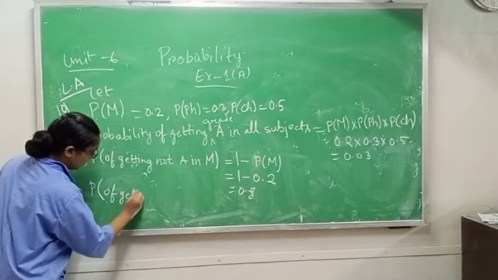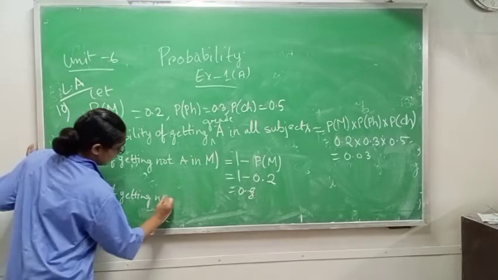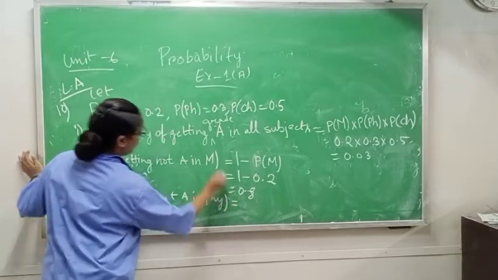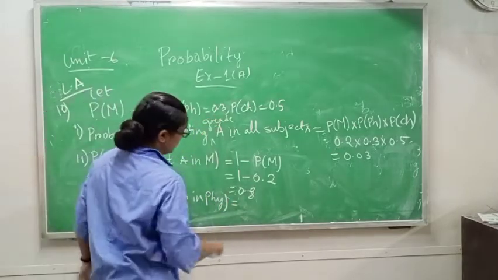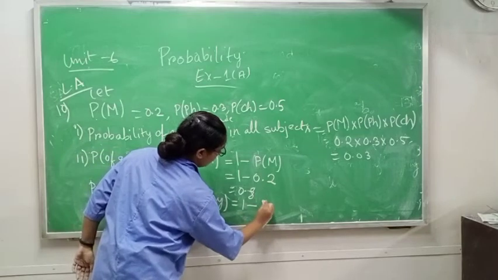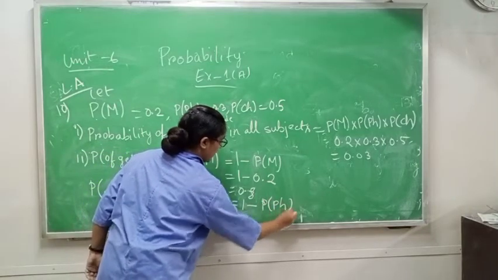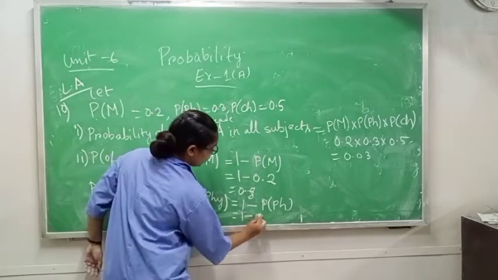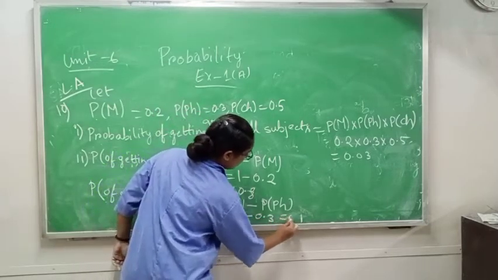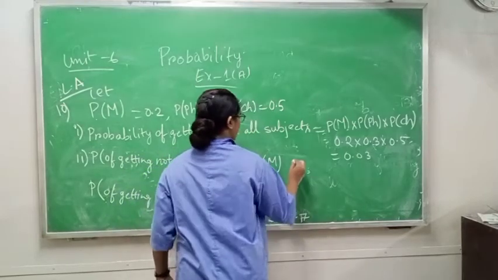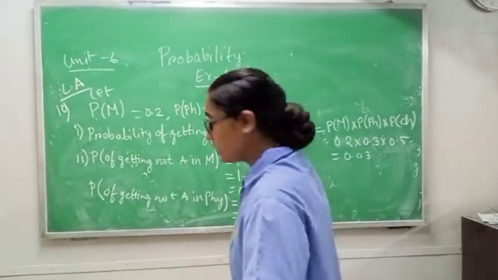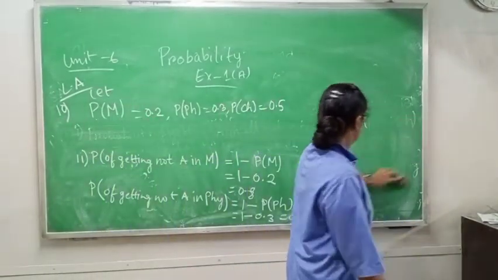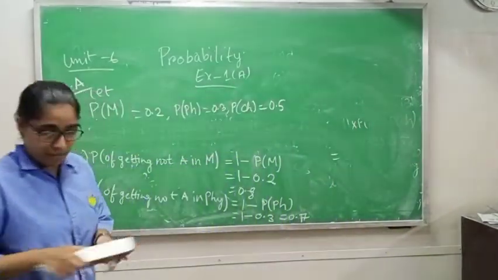Probability of not getting A in physics: getting A is 0.3, so not getting means you subtract from 1, and you get 0.7. The same thing for maths; I am skipping that because we have done it already.